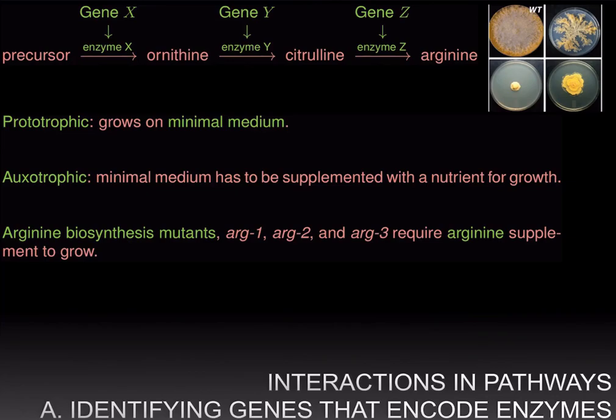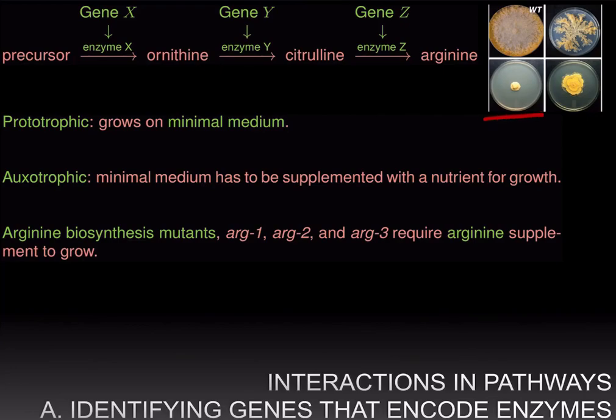And microorganisms like the mold Neurospora crassa are a very useful laboratory model to dissect these pathways, to discover what are the different conversion steps, as well as the genes that encode the enzymes that catalyze these conversion steps.